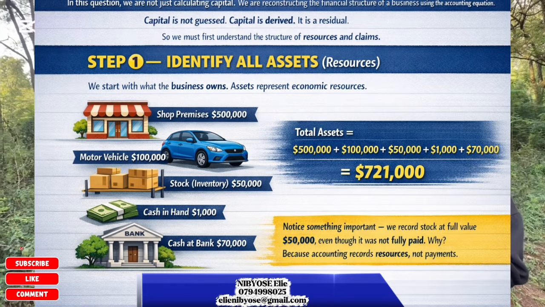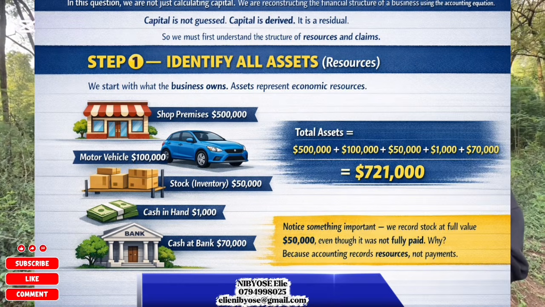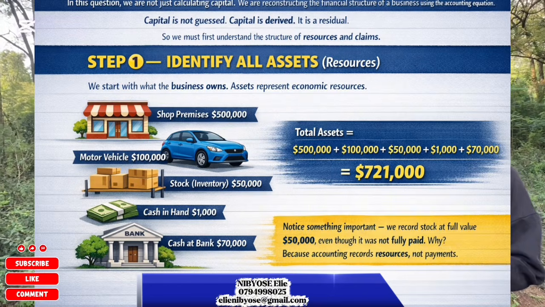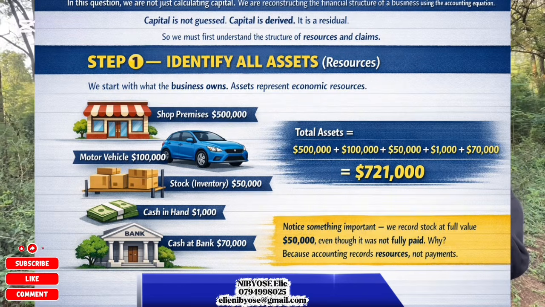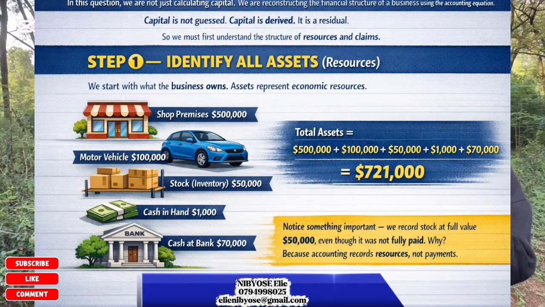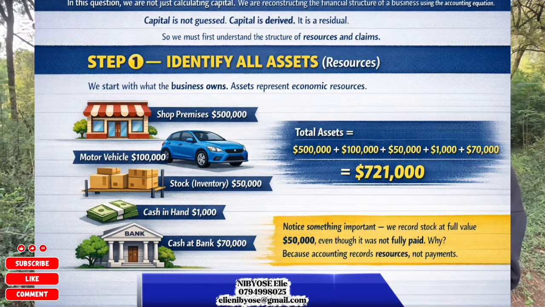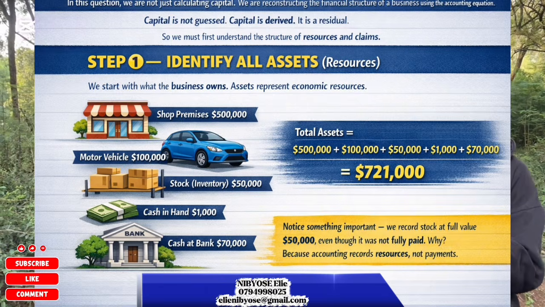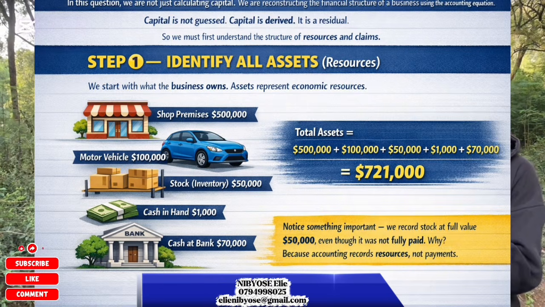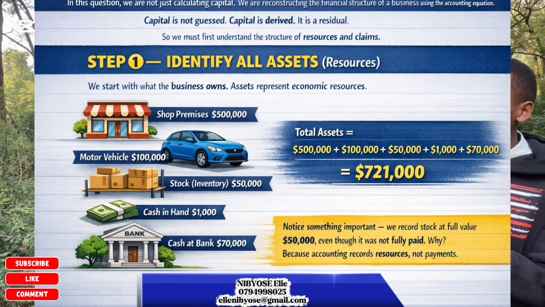But here, there is something to note. We recorded stock of value of 50,000 even though it was not fully paid. Why we made that? It is because accounting records resources, not payment.